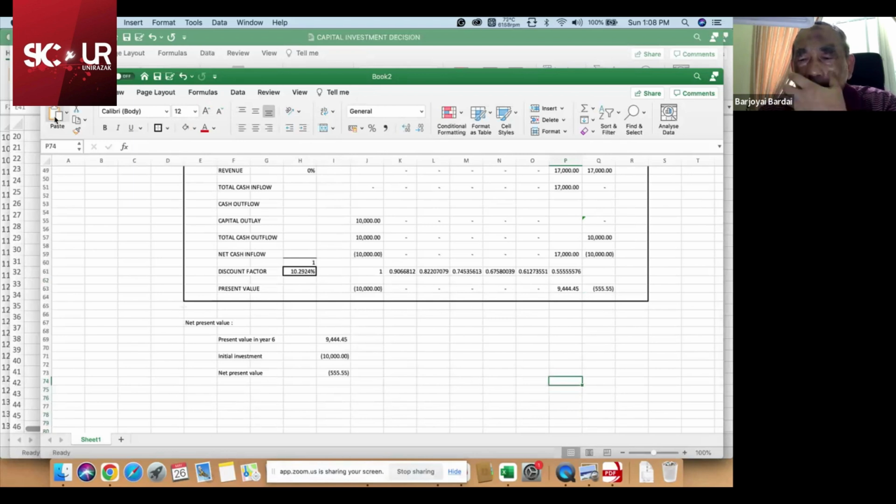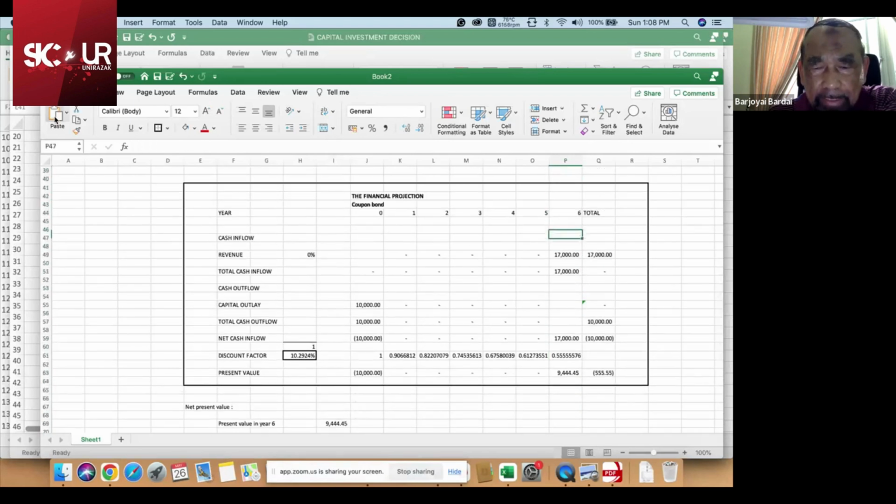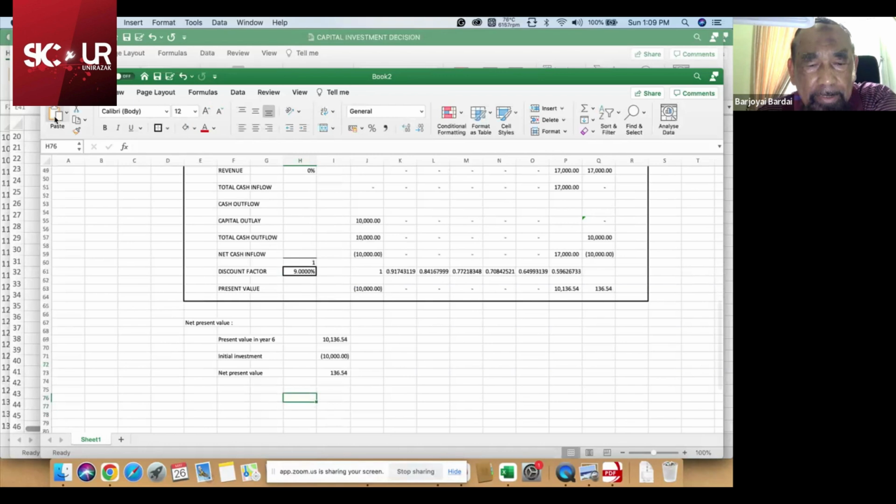So you know that this is not 10%. If we use 9% discount, then we will give you net present value. So basically this is more than 9%.